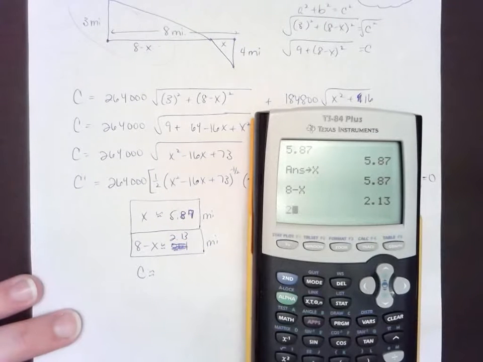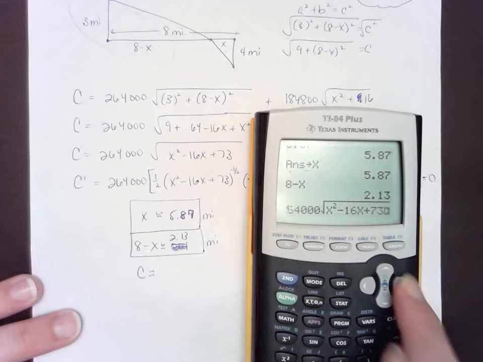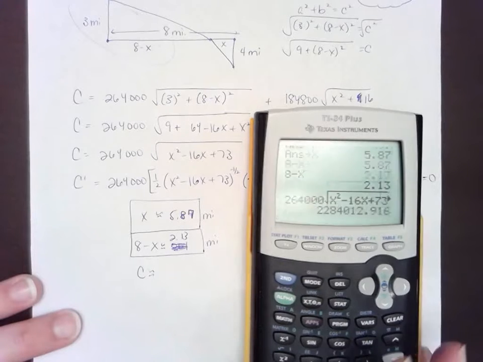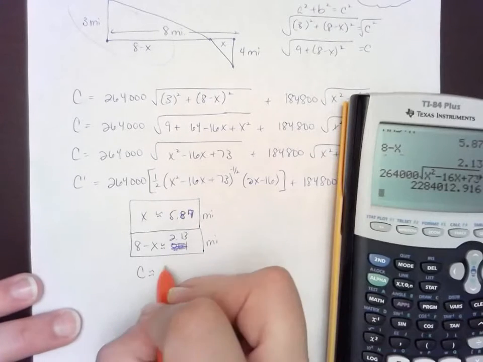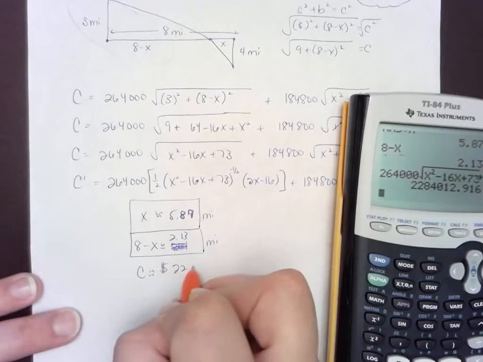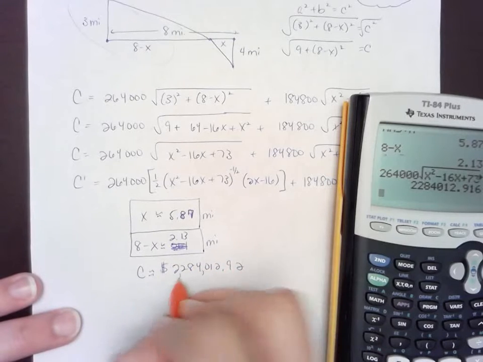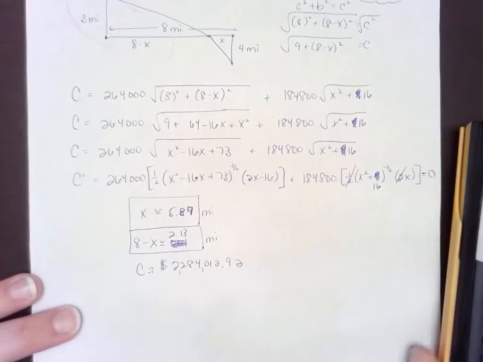Well, the cost is 264,000, again, times the square root of x squared minus 16x plus 73, plus 184,800 times the square root of x squared plus 16, so it's a little over 2 million.